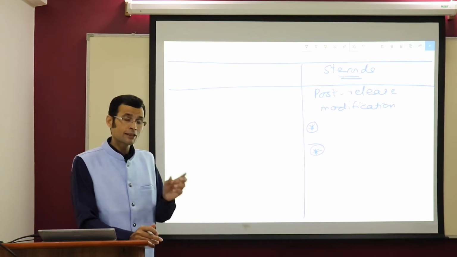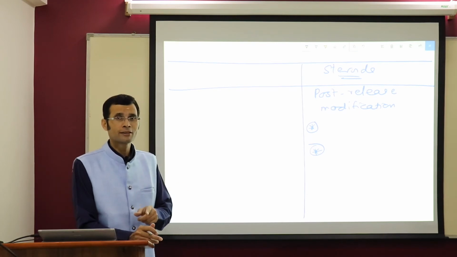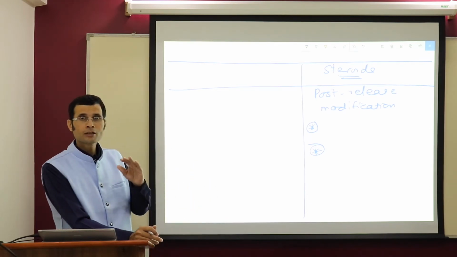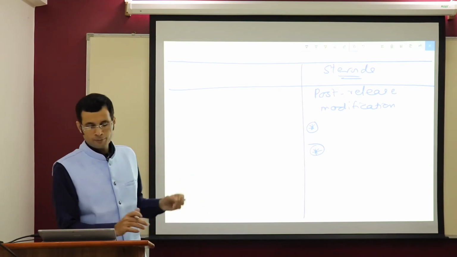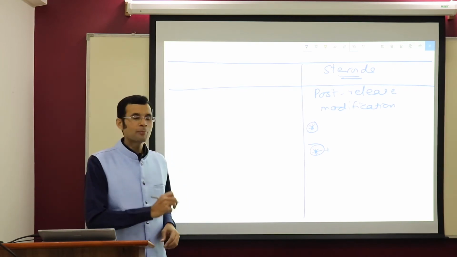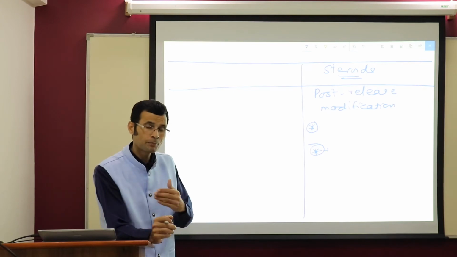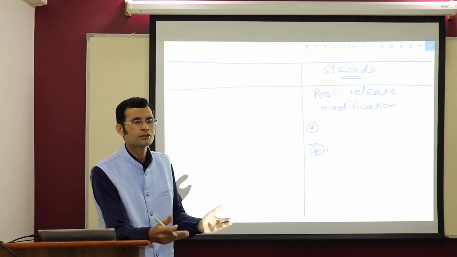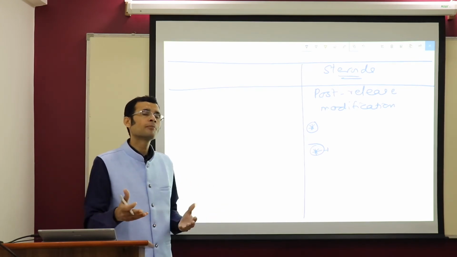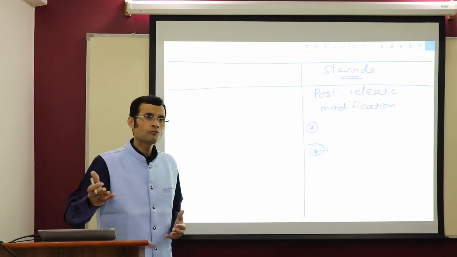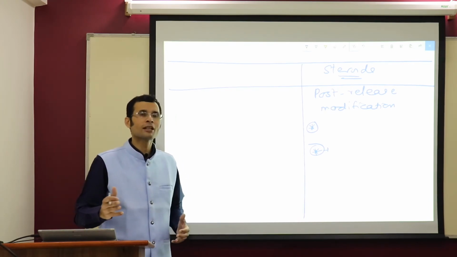That's an example. So 25-hydroxycholecalciferol as well as 1,25-dihydroxycholecalciferol, they both have the hormonal actions. The other example of post-release modification is the peripheral conversion of the steroid hormone to form another hormone of a different category, of a different class.